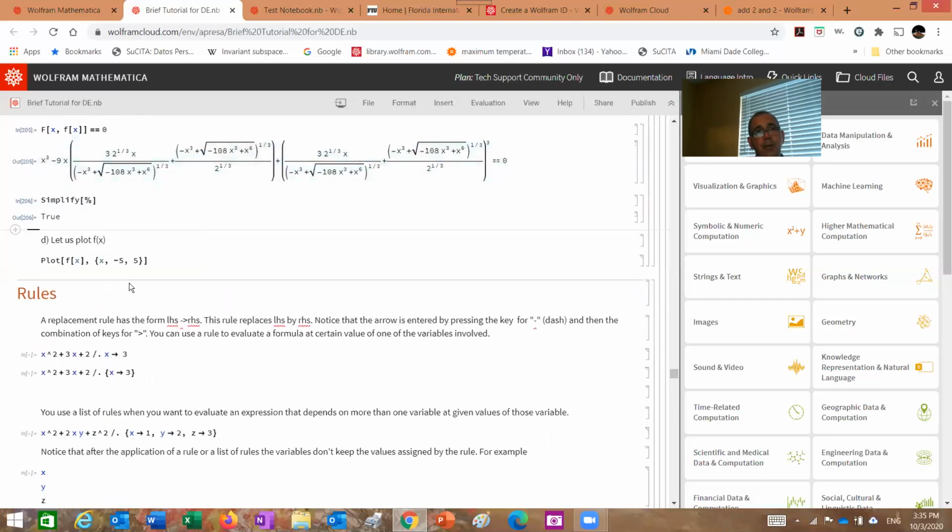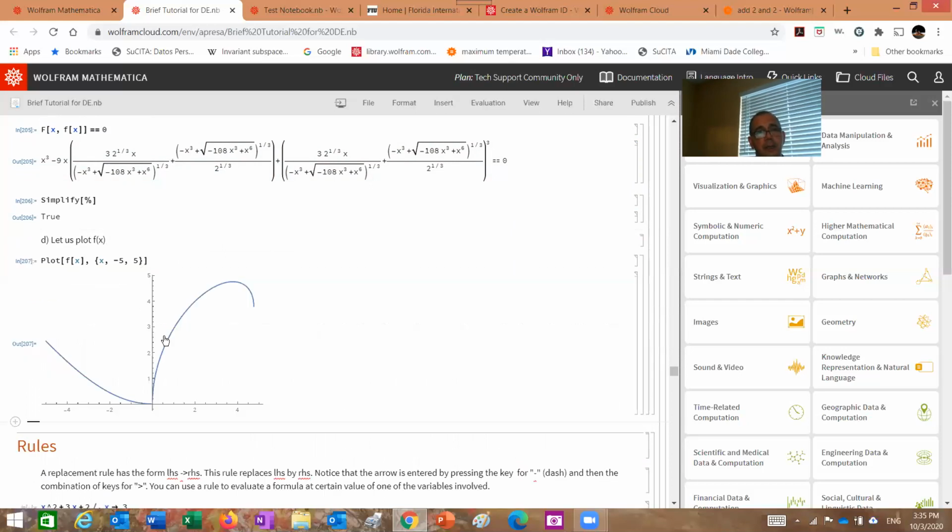And now let's plot the function f of x. Now you can do it like this. Then you press shift enter. And this is going to be the shape of the function. The function looks like this. Notice that this function has a corner at 0, 0. And this is possible.